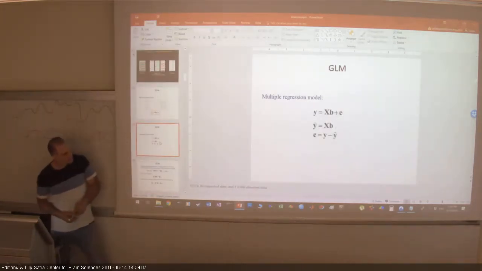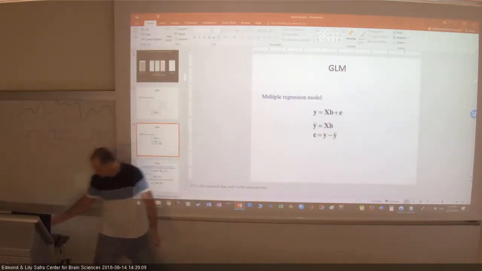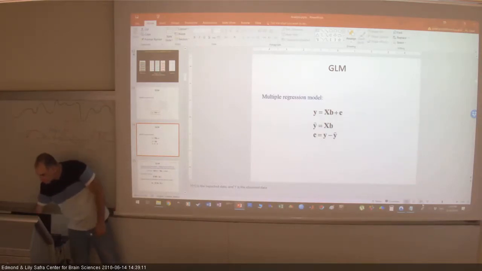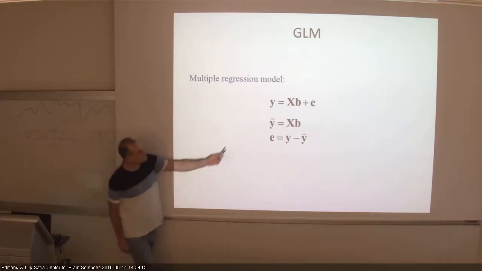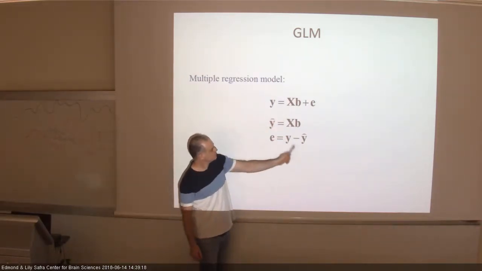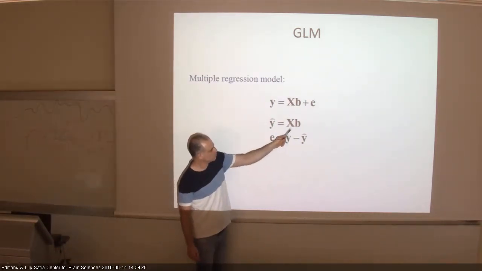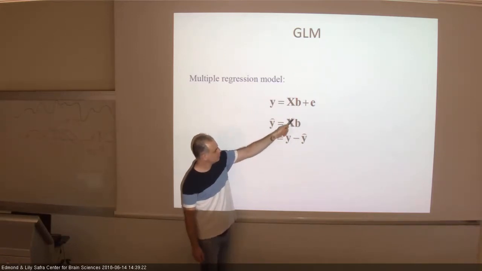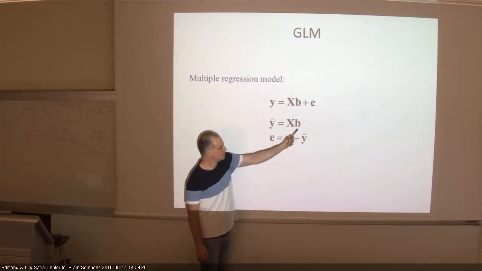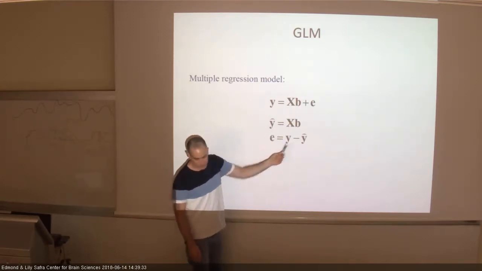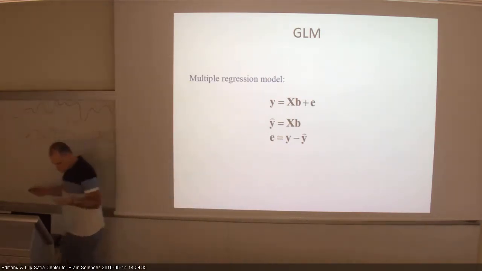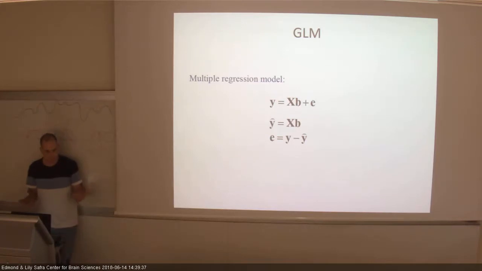Okay? So if this is the model, yeah. So this is your data, and this is your model, right? So your model is basically what we said, the convolution of the binary predictors by some kind of multiplicator. And your error basically is the difference between what you calculate and what you observe, right?